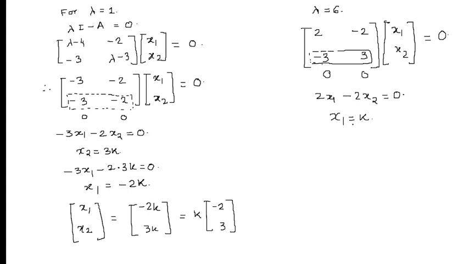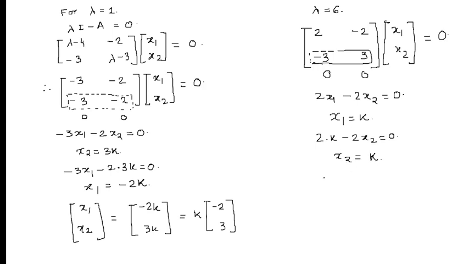Okay, x1 equal to k. So if x1 equal to k, then what are we getting? 2 into k minus 2 into x2 equal to 0. So from here we are getting x2 equal to k.